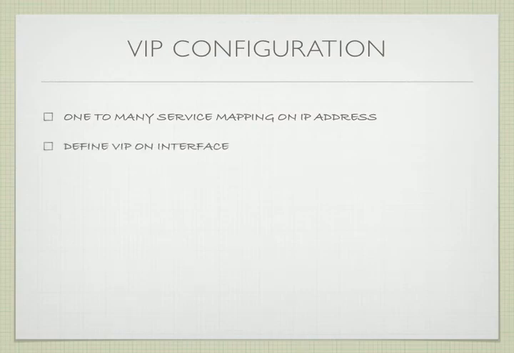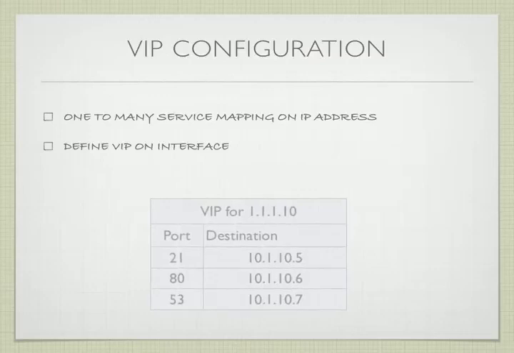You define a VIP on the interface where the traffic arrives on the firewall. And this is an example of how you would set up the VIP for 1.1.1.10, and you would choose port 21 to go to one server, port 80 to another, and 53 to a third.